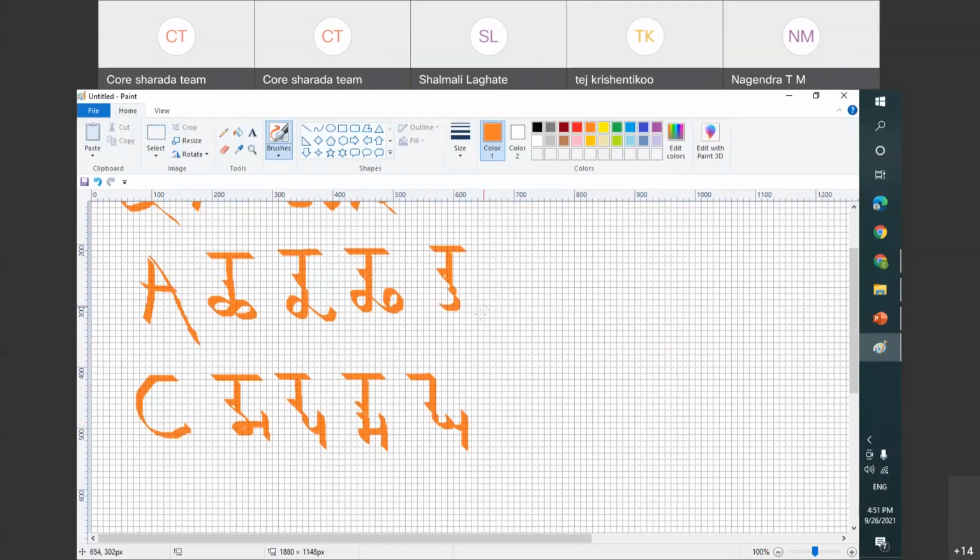Now if we have category B, we know what the difference was here.